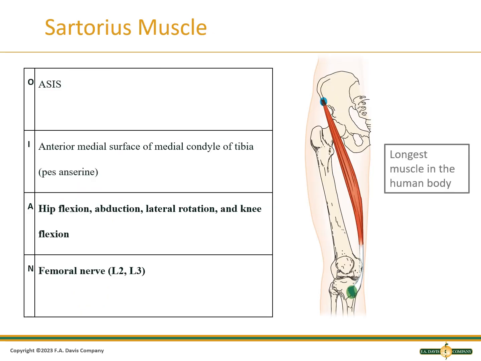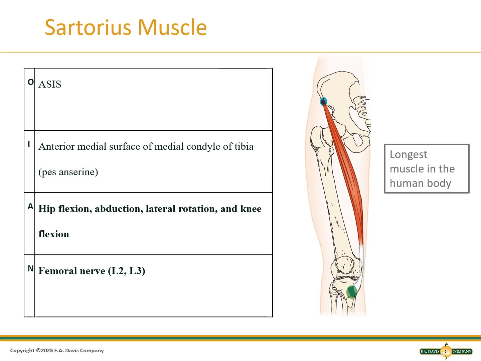I have a rule with sartorius. When you say it, you have to sing it. So sartorius. It is the seatbelt muscle, but sartorius means sartorial, coming from like a tailor, and so measurings for suits would be taken in this pattern running from the ASIS to the inside of the knee, and so that's where the muscle gets its name from.